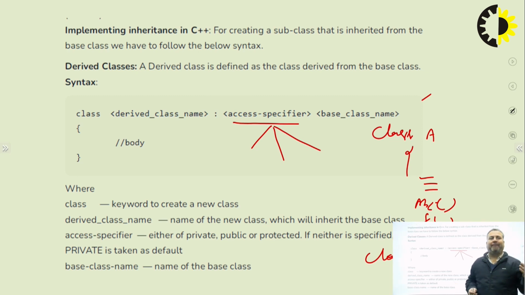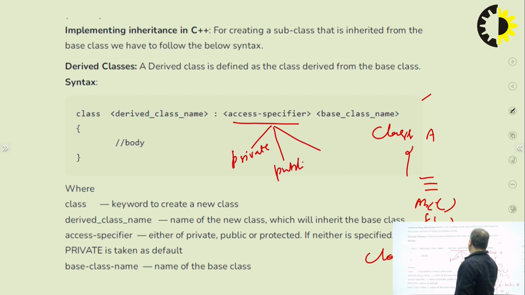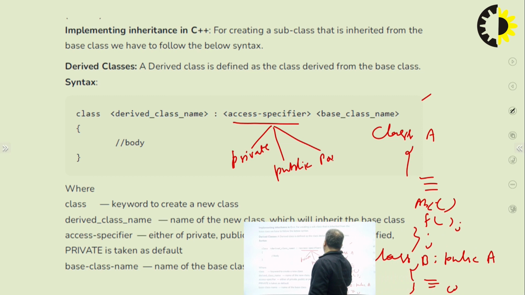This specifies how you are going to access the members of this base class. So we have to specify an access specifier, and this could be private, public, or protected.